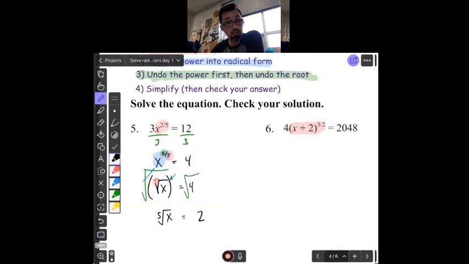Well, you're half right. What did we just do? We just square rooted both sides. What's that mean? We've done this before, we've talked about this before.